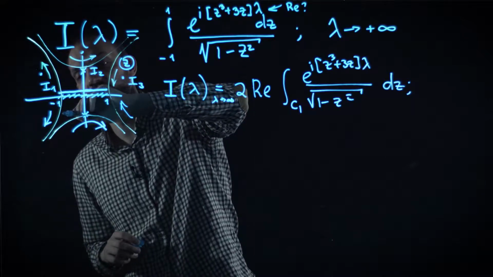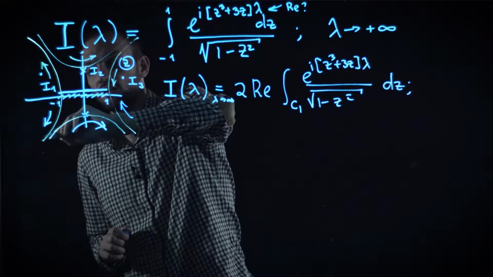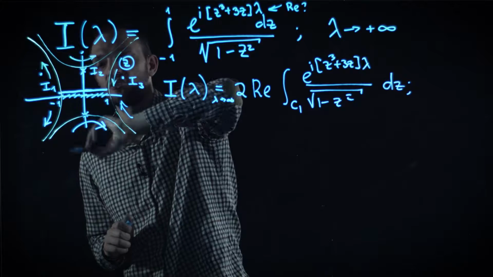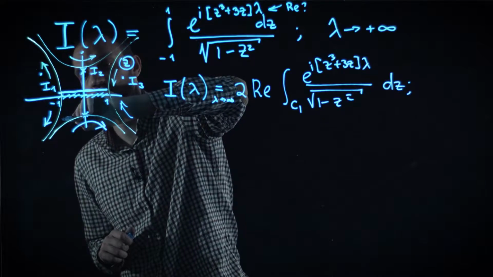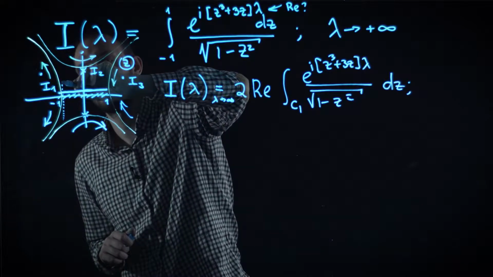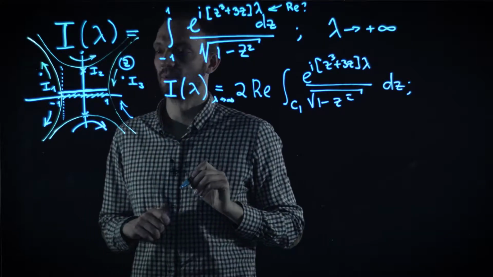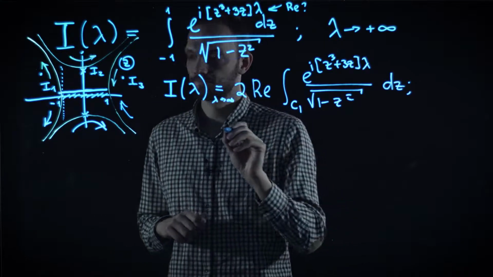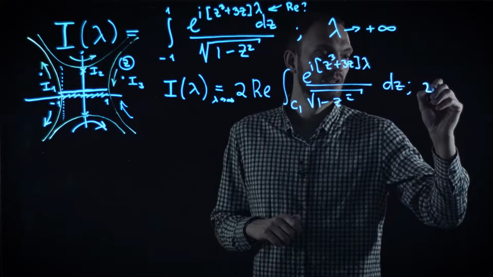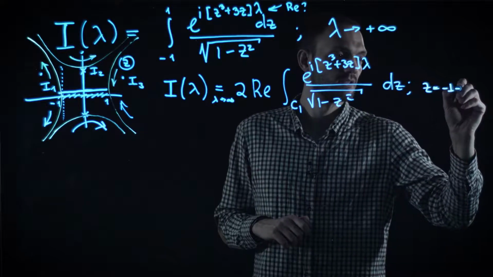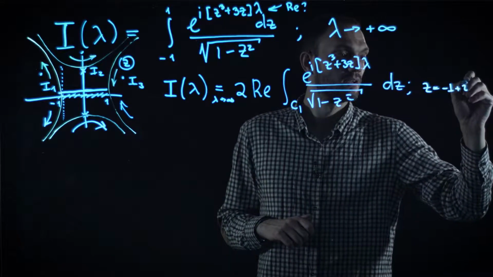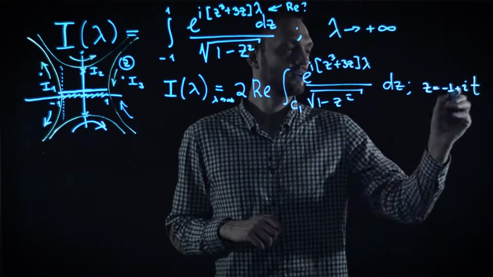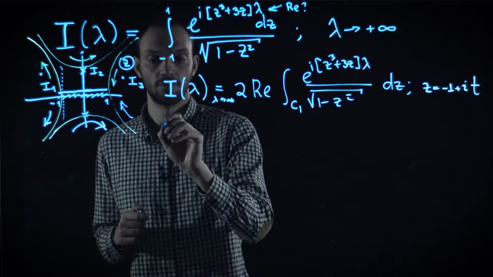And so, as a result, we can actually not care about the exact shape of this curve, but only about its shape in the vicinity of the endpoint of the integration domain. And we actually can write z equal -1 plus it. And now integrate over t from -infinity to infinity.